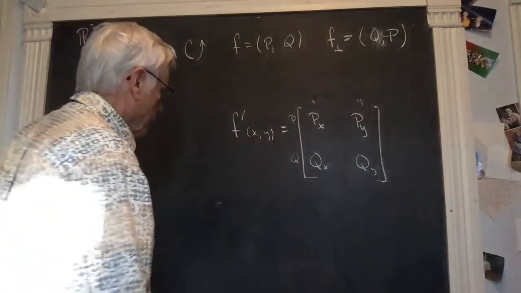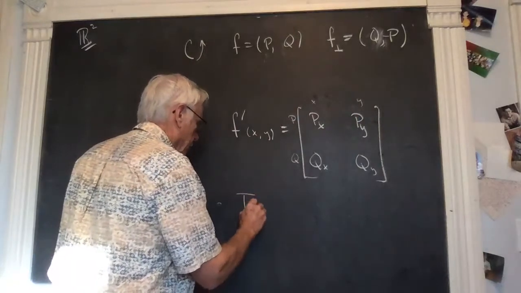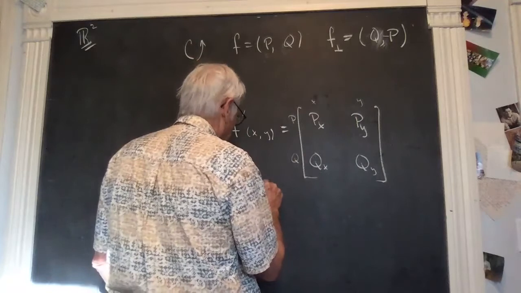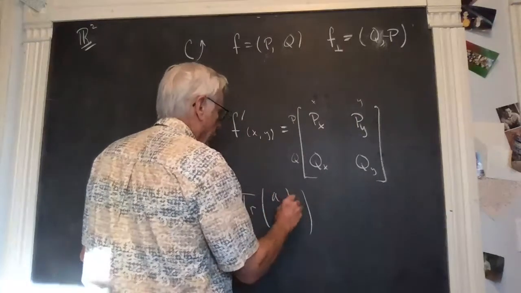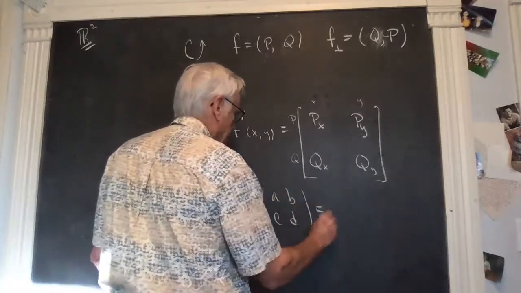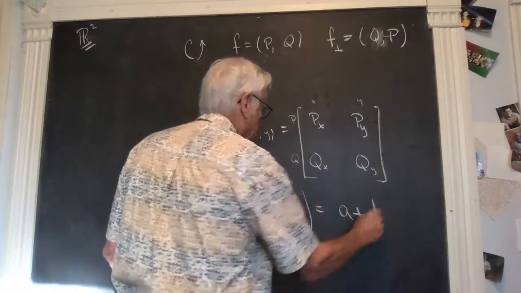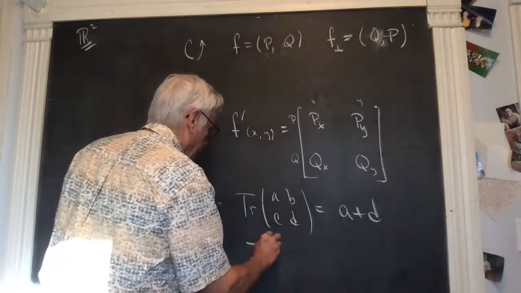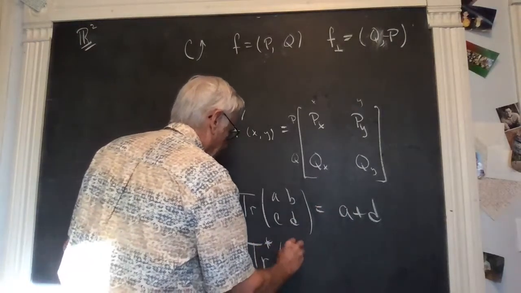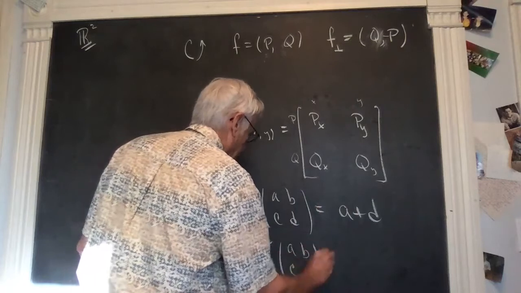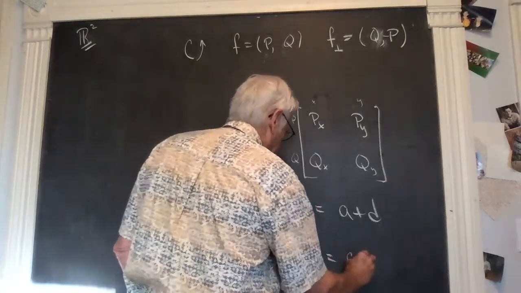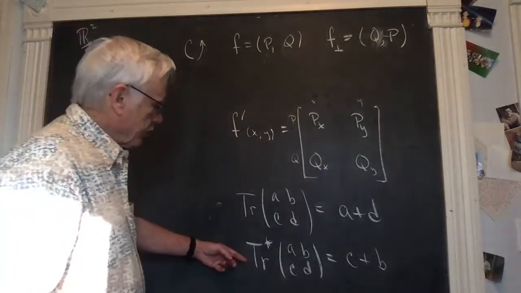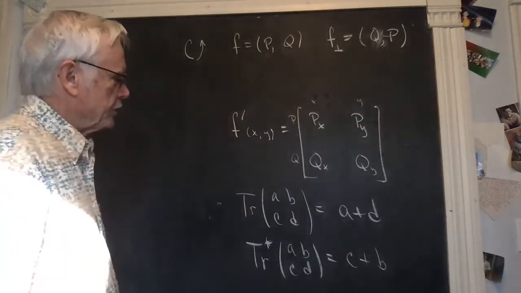Now, we learned about the determinant in linear algebra, but you can also take the trace of a matrix. If you have A, B, C, D, the trace is A plus D, the sum of the diagonal elements. And the trace star of A, B, C, D is equal to C plus B. So this is the off-diagonal trace, and this is the trace.